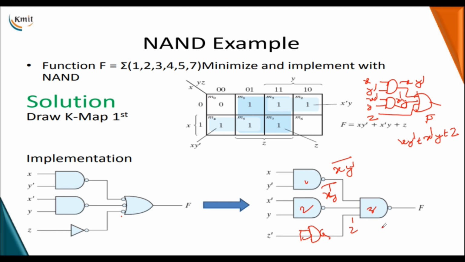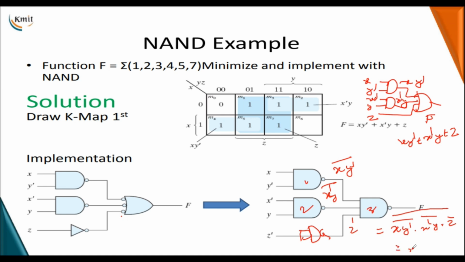So now the output of the third NAND gate is equal to xy bar whole bar and of x bar y whole bar and of z bar, and we have a double bar over there.